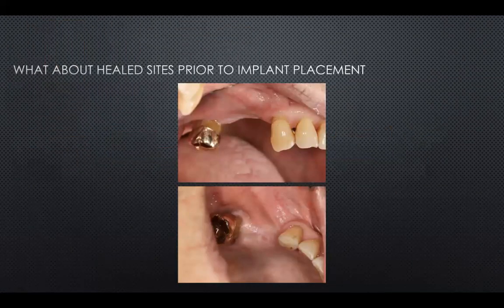What about the healed site? If the teeth are already extracted and you want to place your implants, like this case, we can take a look. There is no keratinized tissue, and the mobile mucosa is on top of the ridge where my implants are going to be.